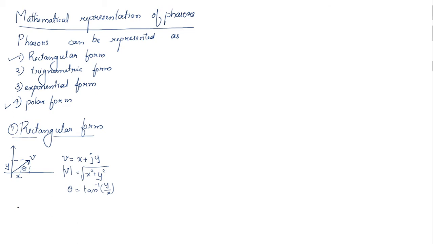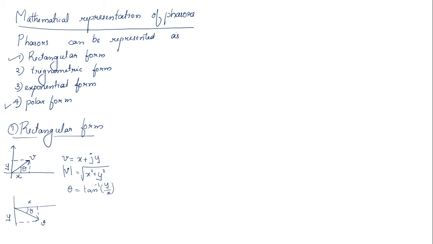I'll show you one more phasor which is actually in the fourth quadrant. That means a phasor which is used for representing a lagging quantity from the reference axis by an angle theta. Again we can resolve it into two components. One is the x component and here is the y component.